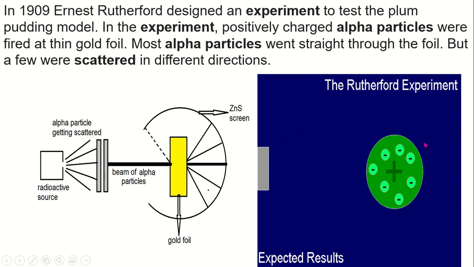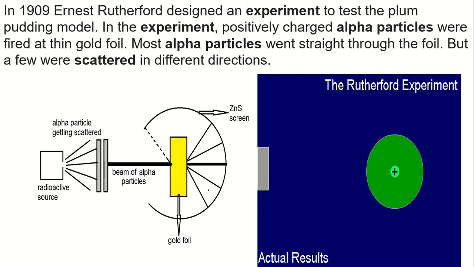Look here in this animation. Most of the alpha particles go straight, but very few are scattered back, making an angle. That means they collided with a heavy mass concentrated at the center of the atom.